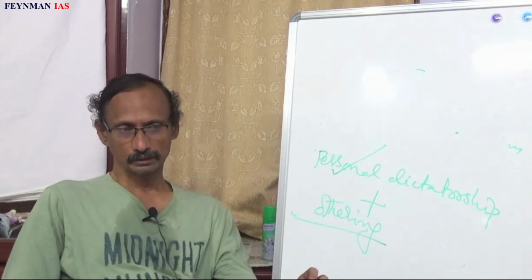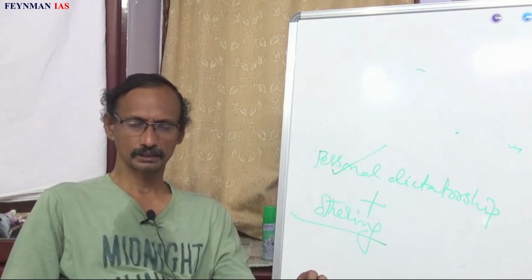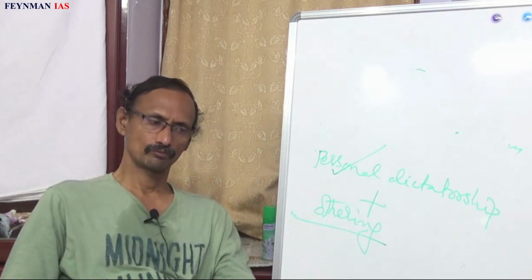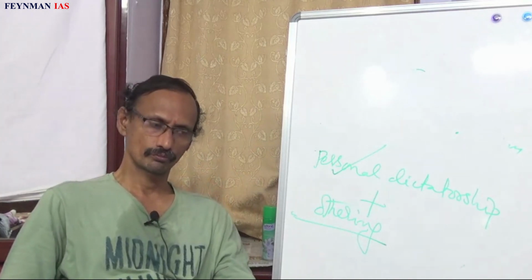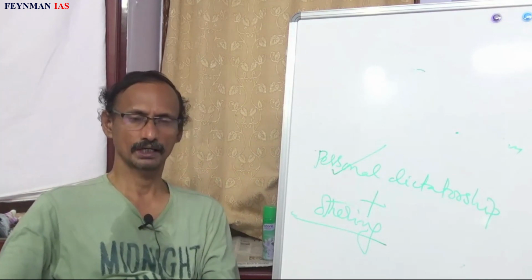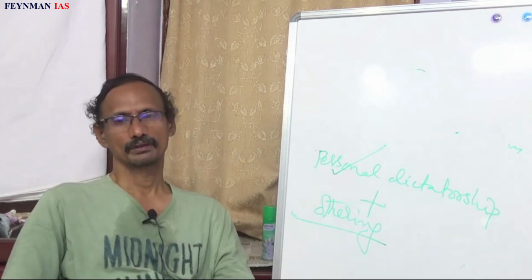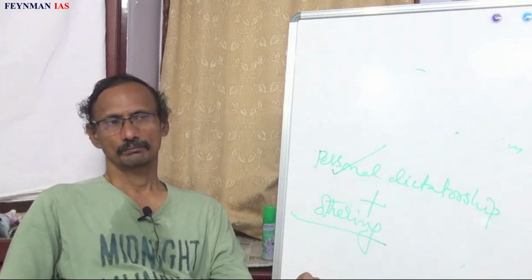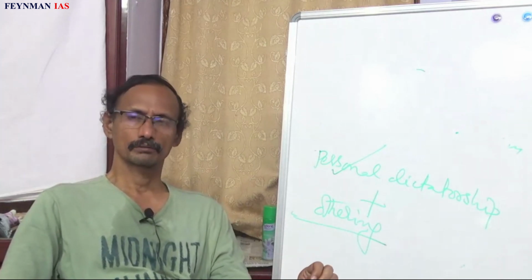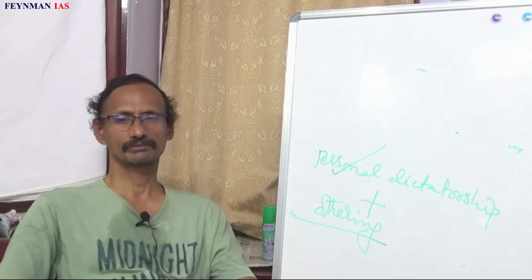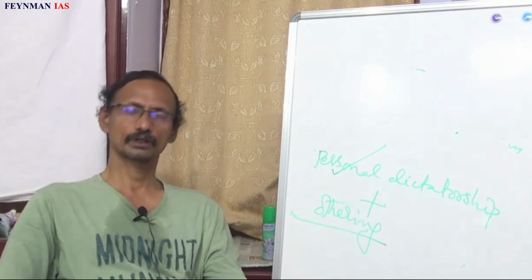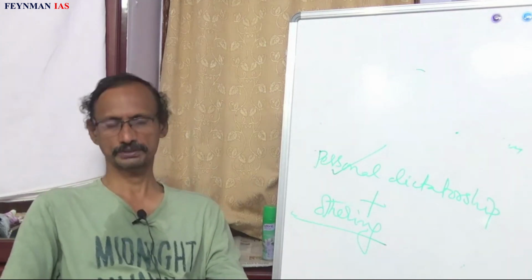So thinking in terms of othering plus personal dictatorship as what constitutes Nazism and Stalinism, I think is a more parsimonious way of looking at the so-called totalitarian regimes.